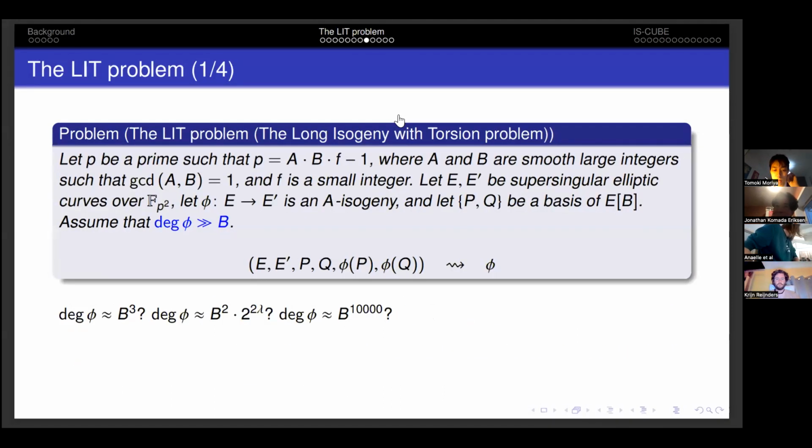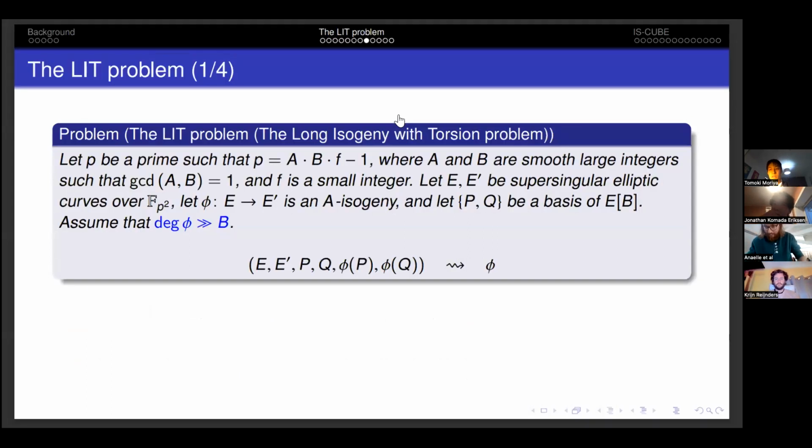Because if you have a big enough degree isogeny, then these torsion point images can't uniquely identify each isogeny. I mean, there are more isogenies of a given degree than there are combinations of torsion point images. Am I making any sense?